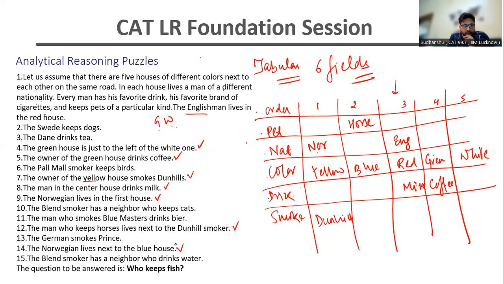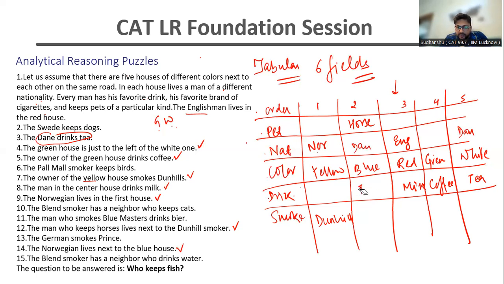The Danish guy drinks tea. Now let us see what all is there. Norwegian, English, the Dane drinks tea. So either I can put the Dane here and tea here, or another possibility is to put the Dane here and tea here.